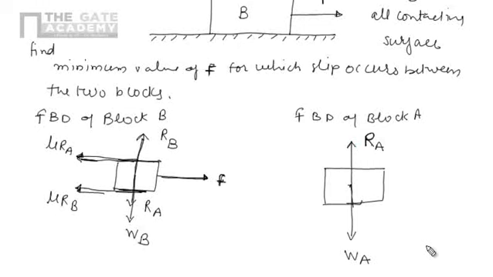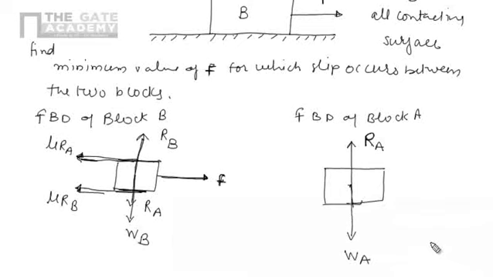So we have considered this WA and the reaction, and now we will consider the frictional force. We have to consider the frictional force also in that case. So the frictional force in the case of mu RA, for the A block, we have to consider also.